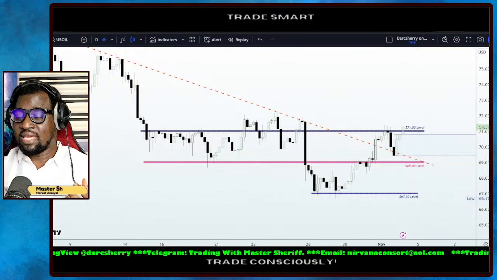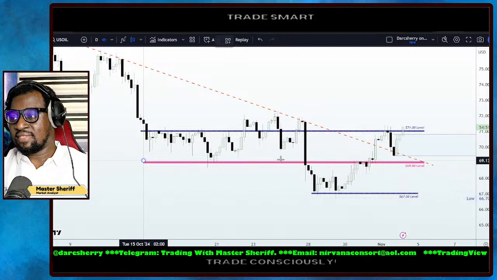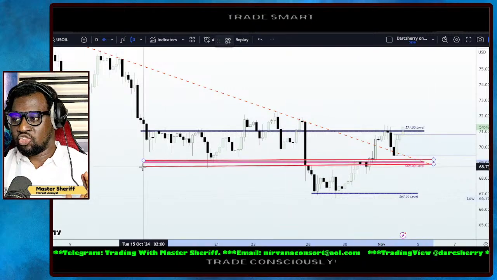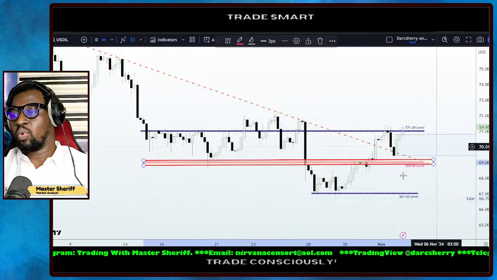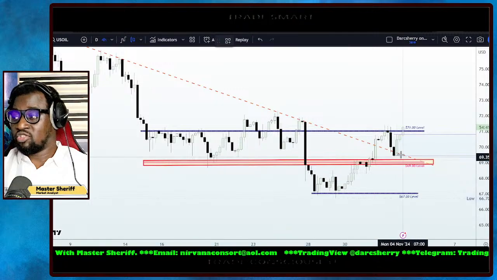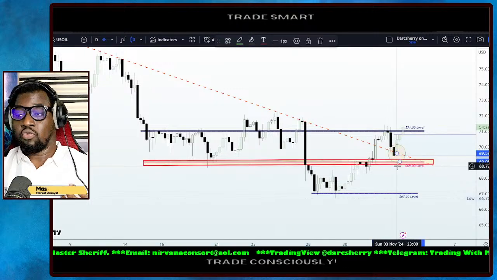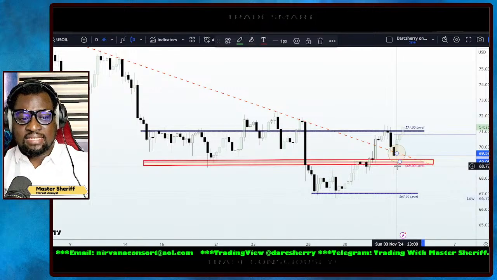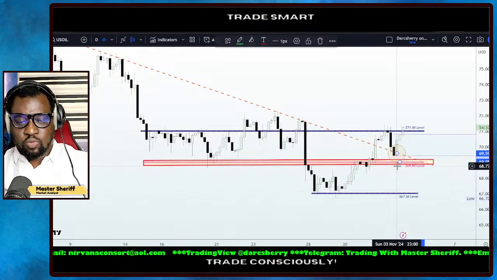So my key level for this week is at the $69 area. As you will see here, it shares a beautiful confluence with that descending trend line. And of course, we can see after price tested the trend line, price continued to rise to the upside. So for me, this is a very good signal that buyers are getting stronger at this point.